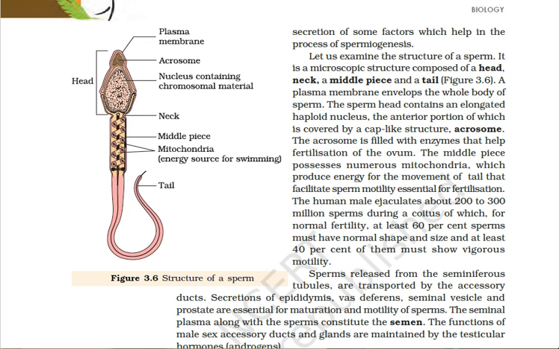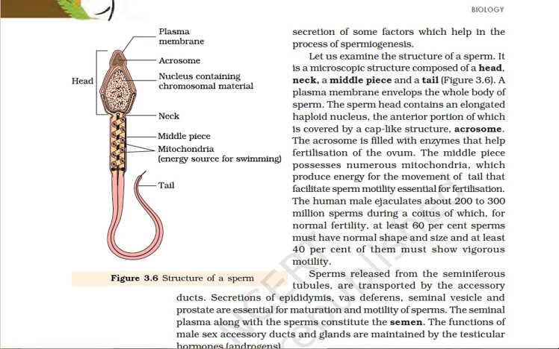Now the middle piece, you can see in figure 3.6. It is a long area with a thick portion. It provides passage for the axile filaments to reach the tail. Many mitochondria are present here. Together, in a spiral form, they form a sheath around the axile filament in the middle piece.